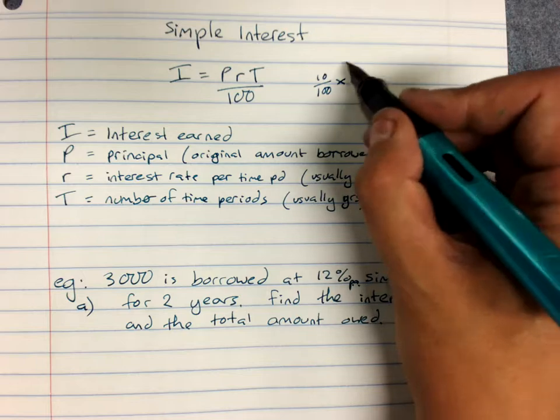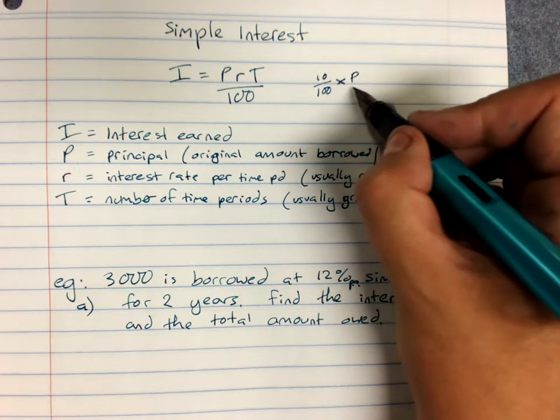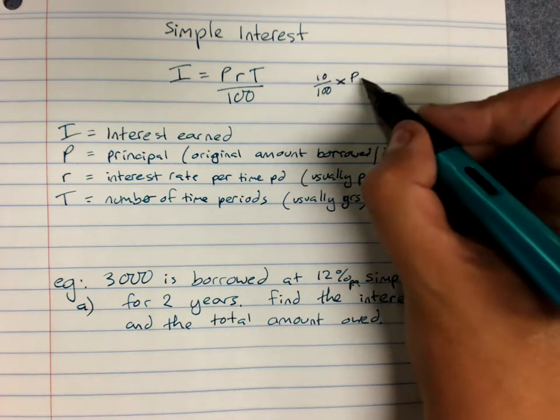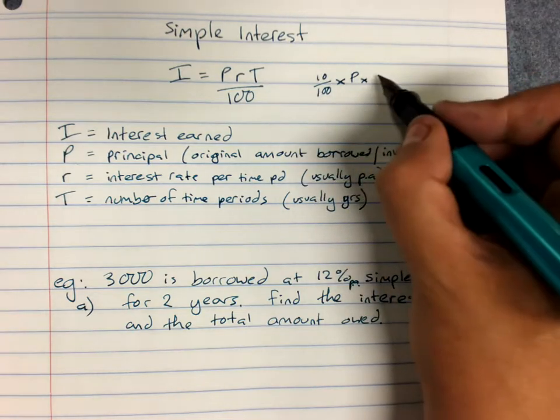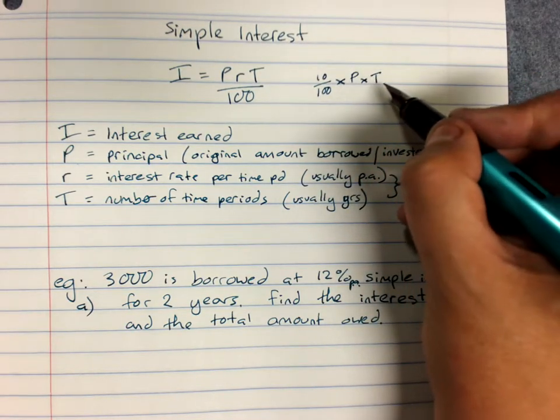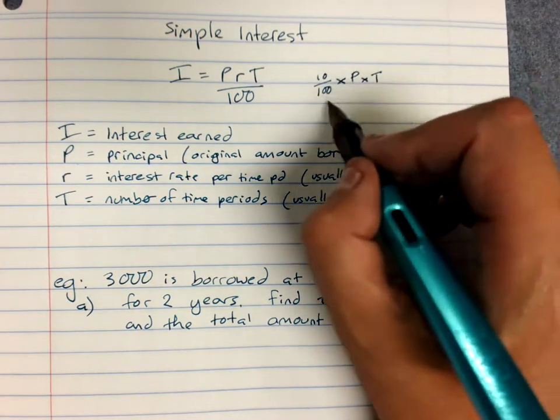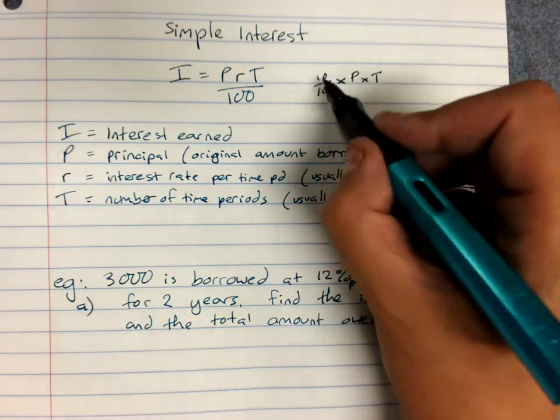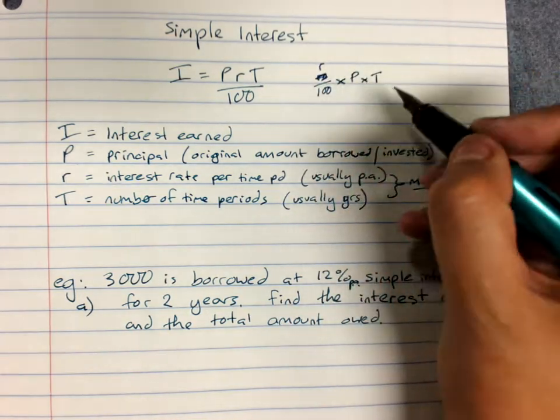That would be 10% of the principal once. I would want to multiply by the number of years, or time, to get 10% of the principal for that many years.